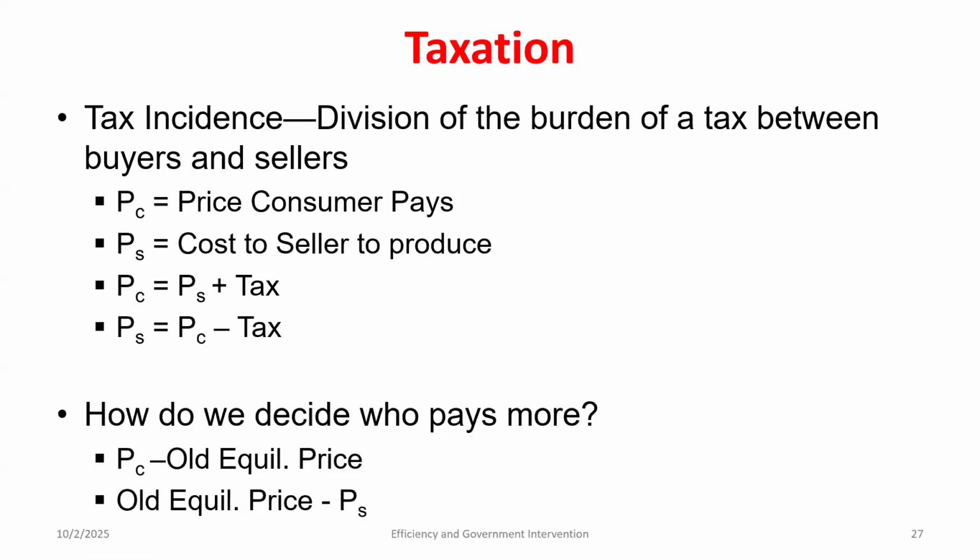If that difference is greater for producers, we would say that producers are bearing more of the burden of this tax. Okay? So that's an easier way, I think, of identifying tax incidence. We'll go through and calculate surplus and show that it would show us the exact same thing. But for right now, we can just think of tax incidence: who has that larger change in the price from the old equilibrium to their group's new price after the tax? Okay.